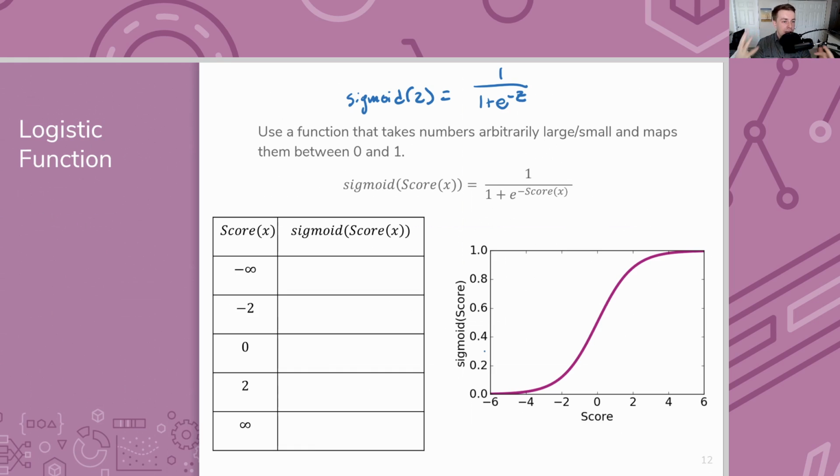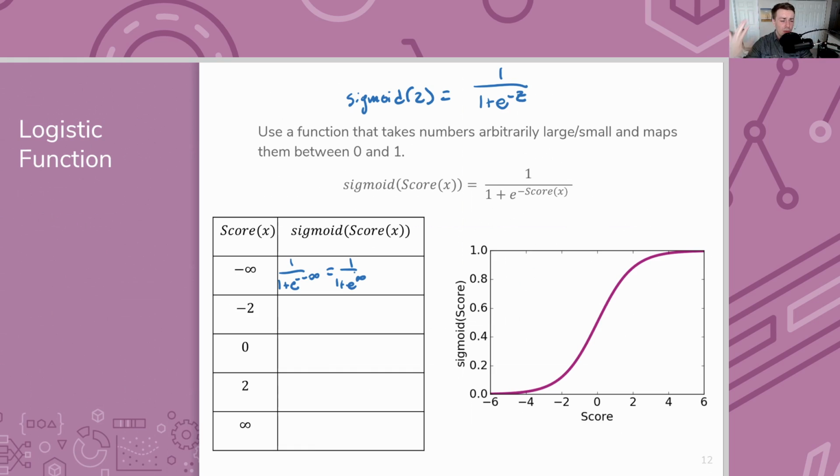So let's think about what the shape of this function actually results in. Imagine we plugged in a score that's really, really big in the negative direction, like close to negative infinity. Well, in that case, we have the sigmoid of negative infinity, which is 1 over 1 plus e to the negative z, where the negatives cancel, so we have 1 over 1 plus e to the infinity. e to the infinity is a really, really large number: e times e times e times e.